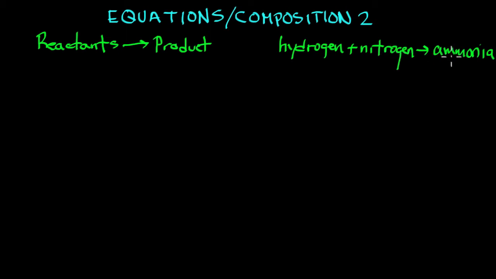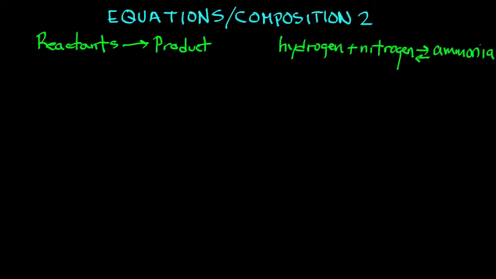You get no ammonia. None. If you vary the conditions, you start getting what's called a reversible reaction. You get something of both, and you have to go through a very complex process.